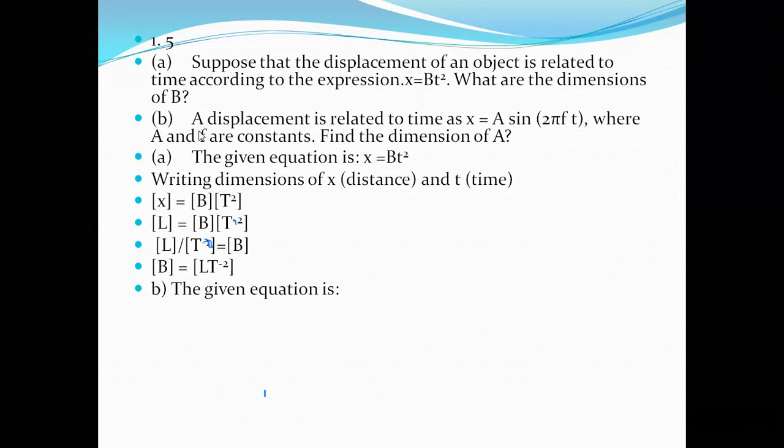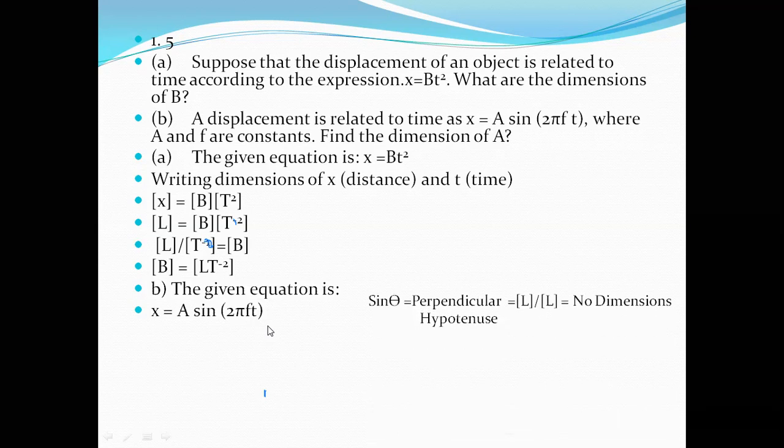Now the second part, a displacement is related to time, and x is equal to a sine 2 pi f, which is frequency into time. Now, as we know, x is equal to a sine 2 pi ft. What is sine? Sine is a function in mathematics, which is a ratio between perpendicular over hypotenuse. As both of them are length, both of these dimensions will cancel and they will have no dimensions.